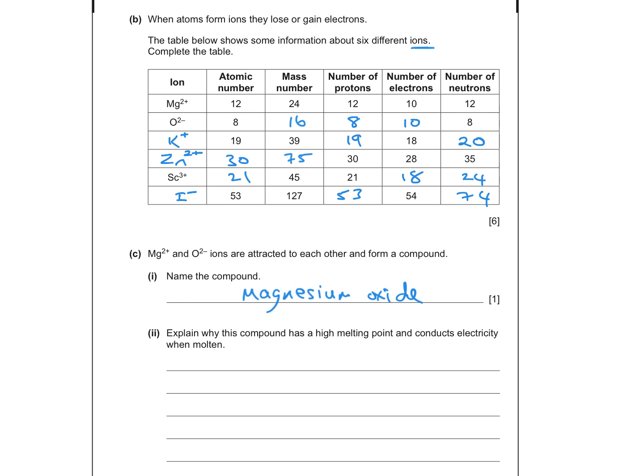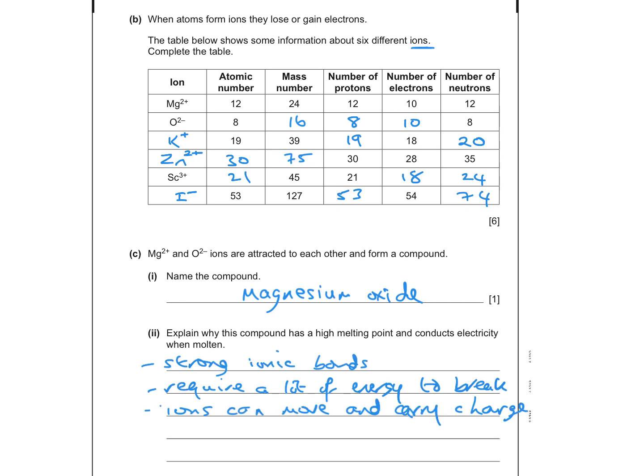So it's not to do with electrons in ionic compounds, which it is in metals. So the answer for the first part, why does magnesium oxide have a high melting point? Those strong ionic bonds that require a lot of energy to break. And they only conduct electricity when molten because the ions can move and carry charge.